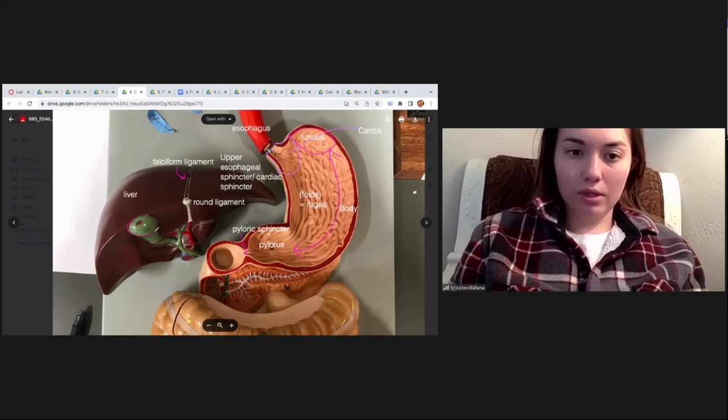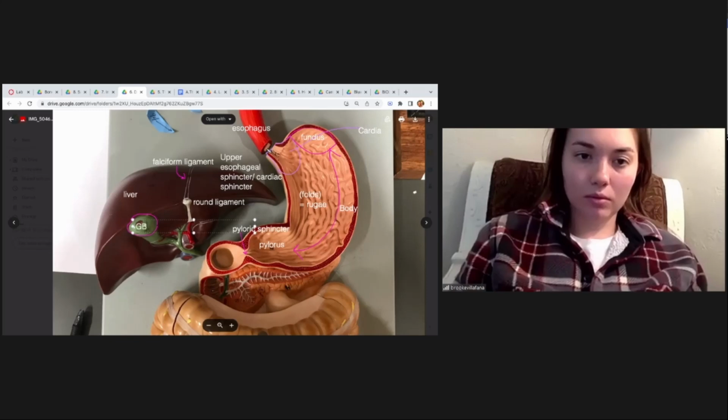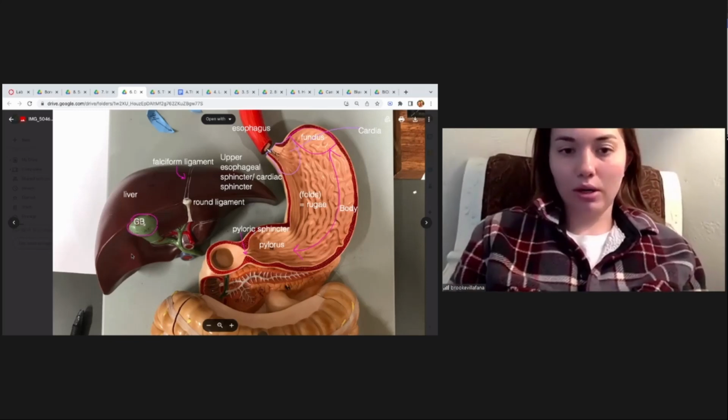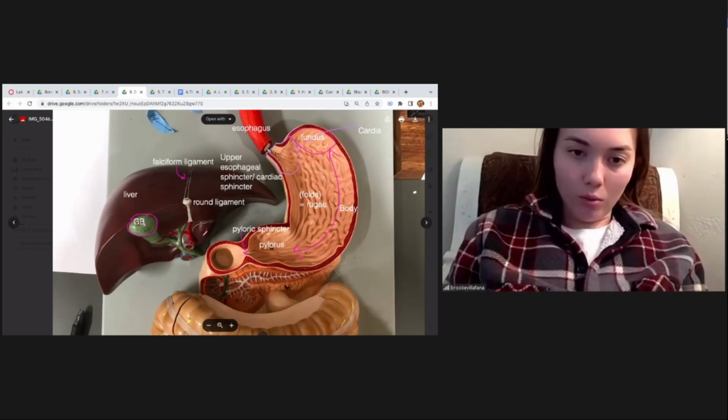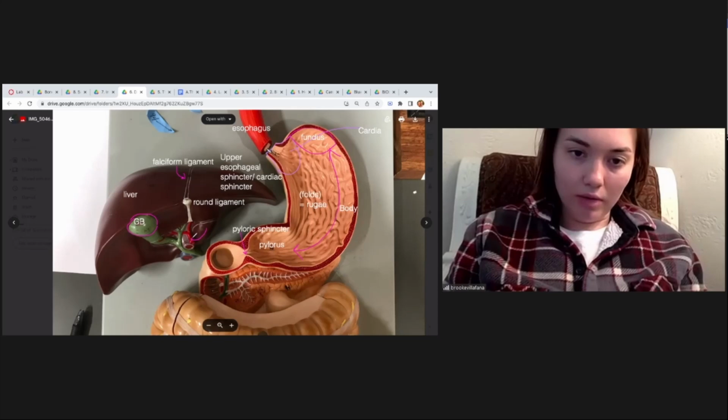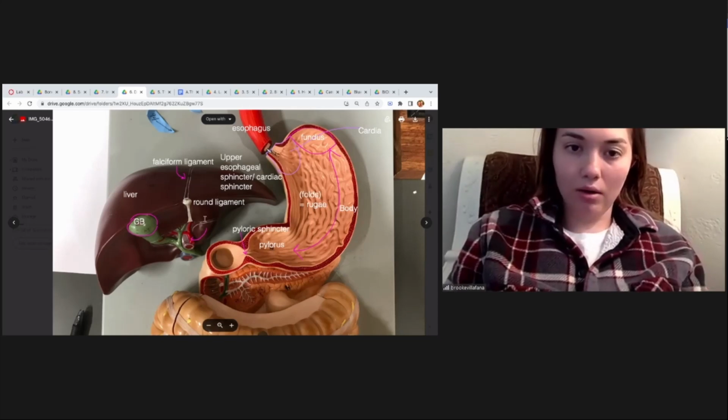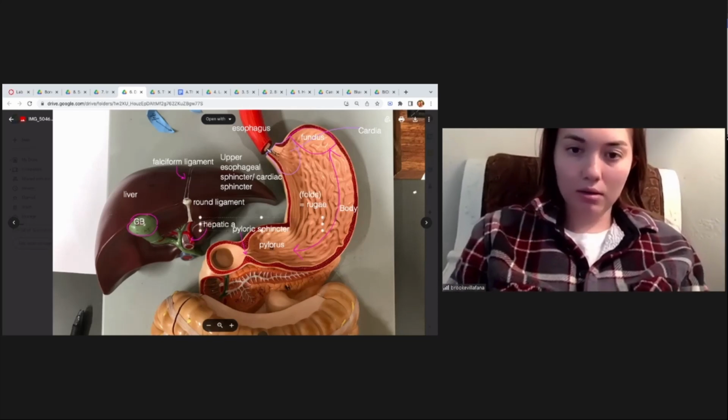Right here, 47. This is your gallbladder. We're going to write GB because I think we all kind of get the idea of what a gallbladder is. The red vessel is your hepatic artery.